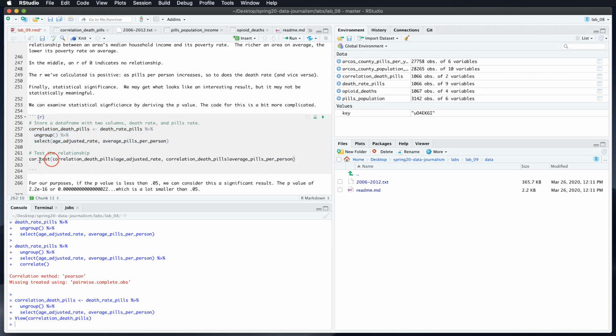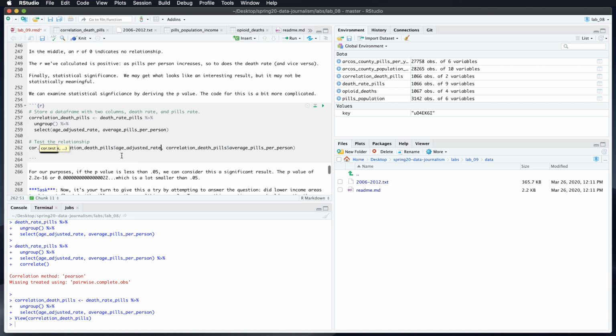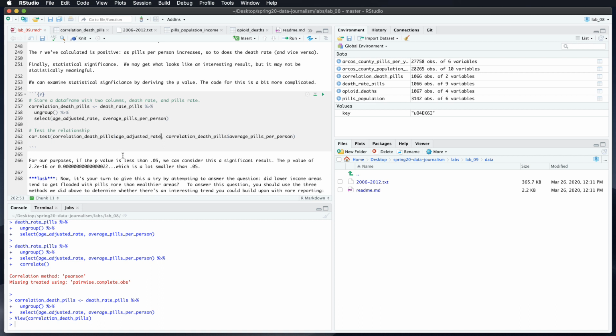Then I'm just going to run this thing called cor.test, which is part of the stats package that comes with base R. And we're saying, give me all of the very detailed outputs for when you calculate the correlation coefficient. So in this case, we're saying from the correlation death pills table, take the age-adjusted rate, comma, compare it to, from the correlation death pills table, the average pills per person.